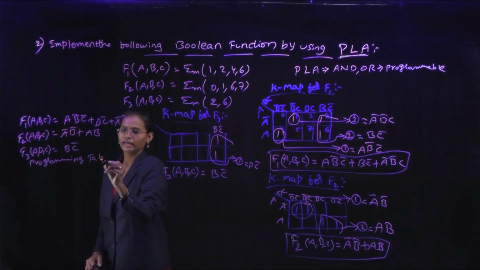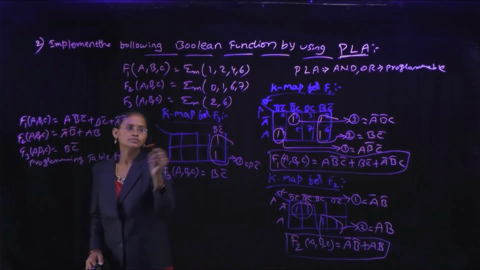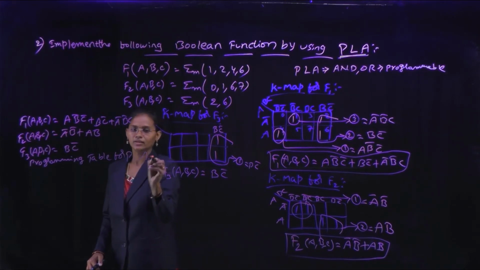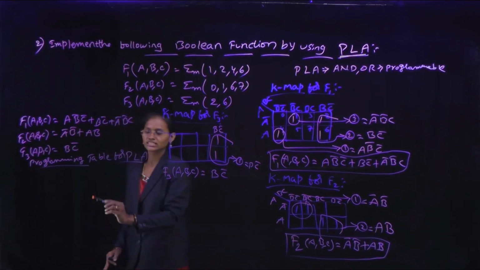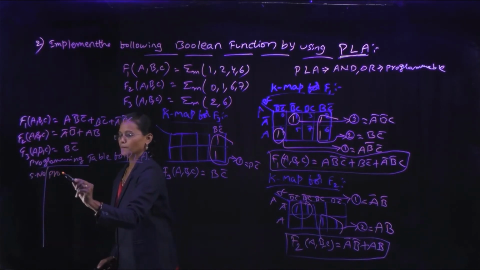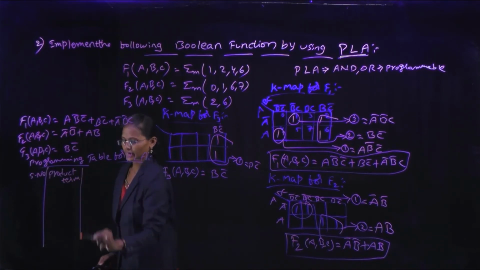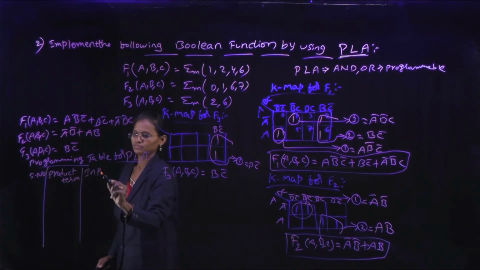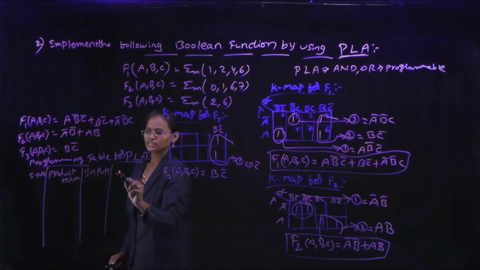Programming table for PLA. Okay, first we consider the serial number, and next the product term, and next inputs, and next outputs.